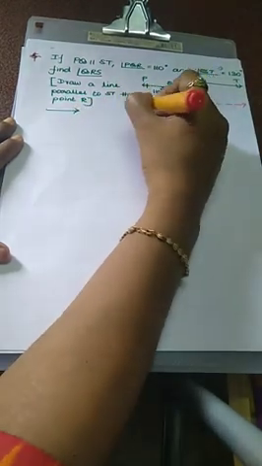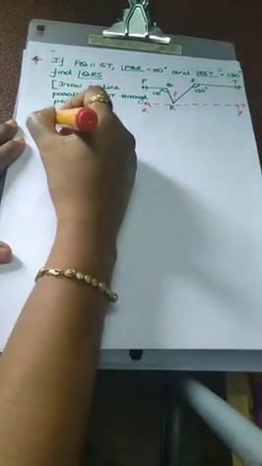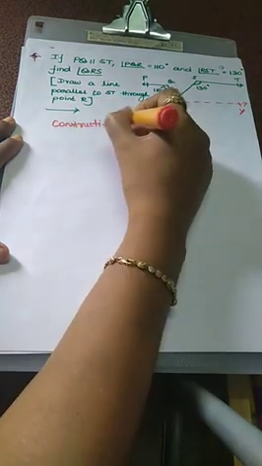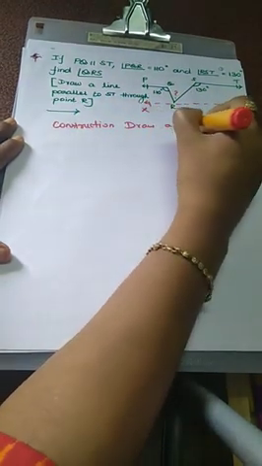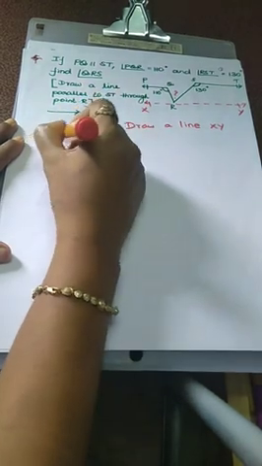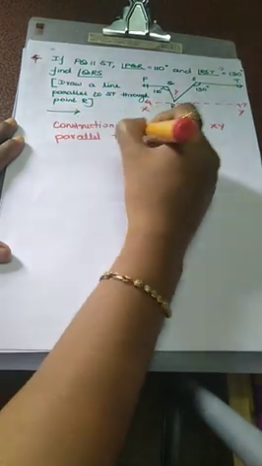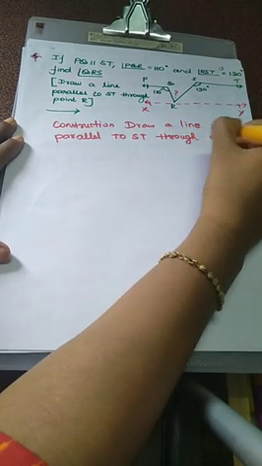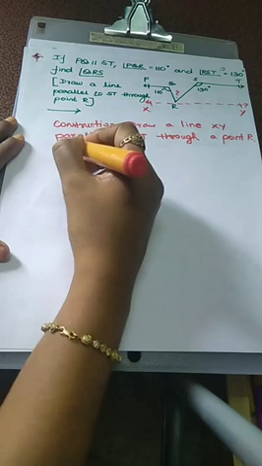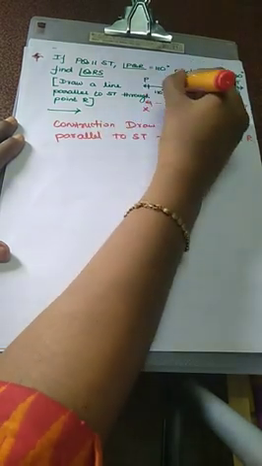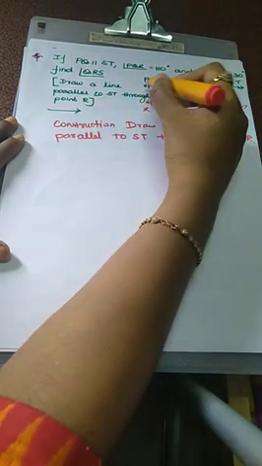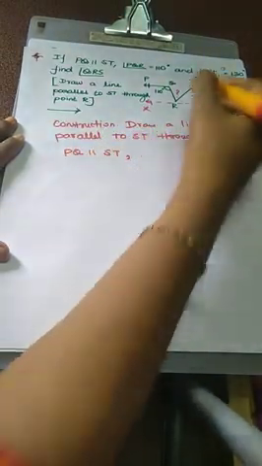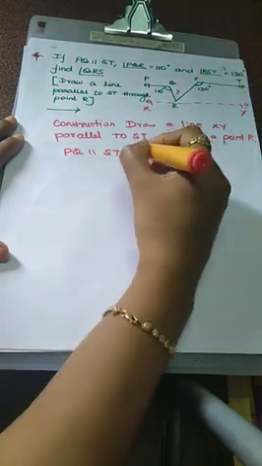So you just write given XY. That is actually a construction, so we have to mention it. Draw a line XY parallel to ST. Actually this line is through R only, through the point R. Now the line PQ is parallel to ST, that is given, and the line ST is parallel to XY.